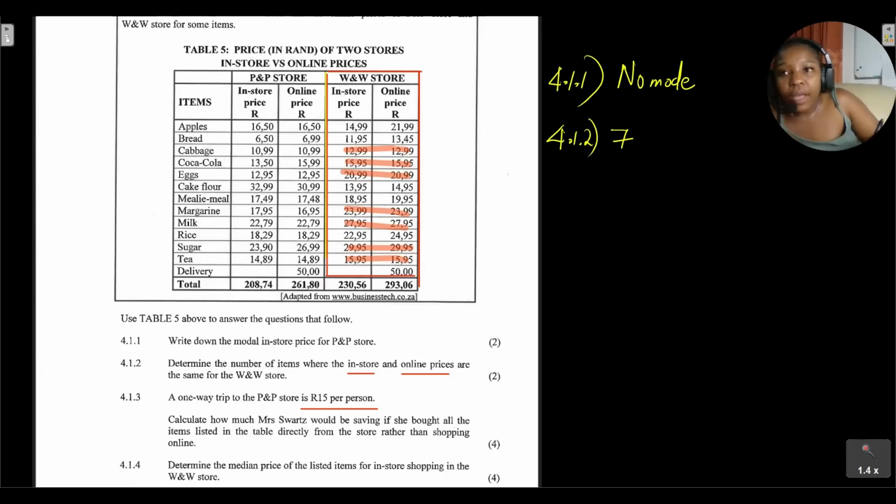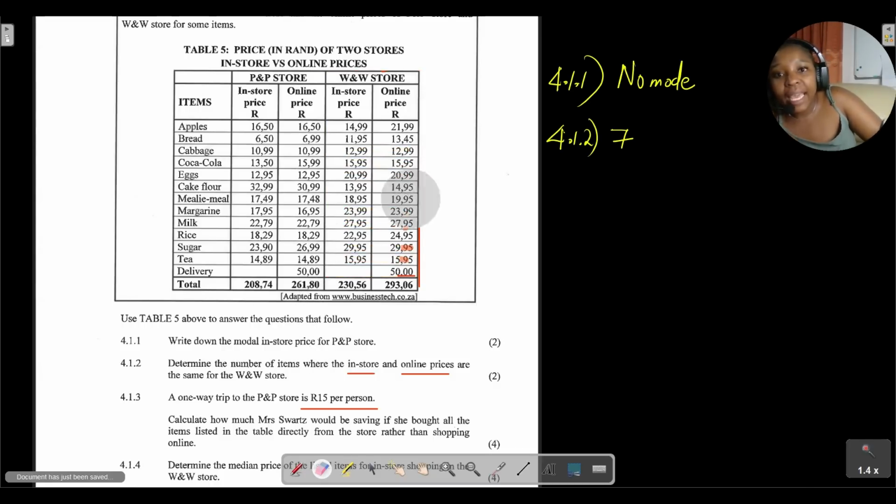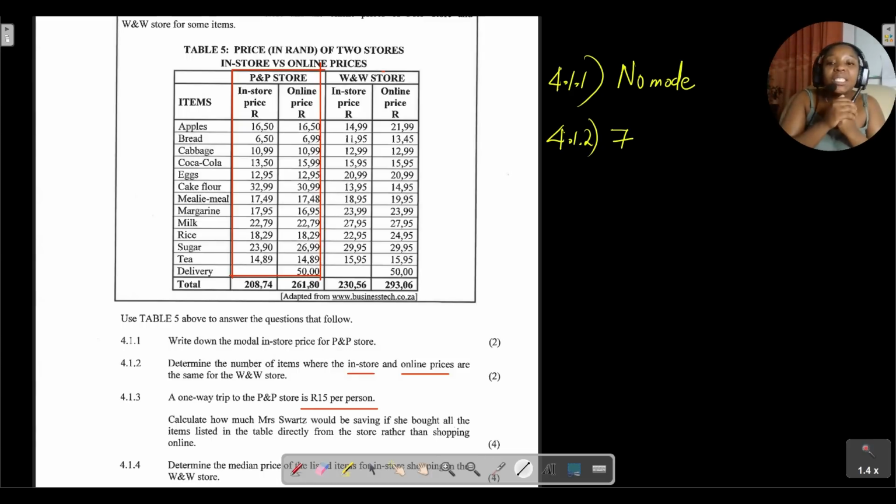So if she decides that she actually wants to buy her items from the PNP store, and goes physically to the shop to buy these items, how much would she actually save?